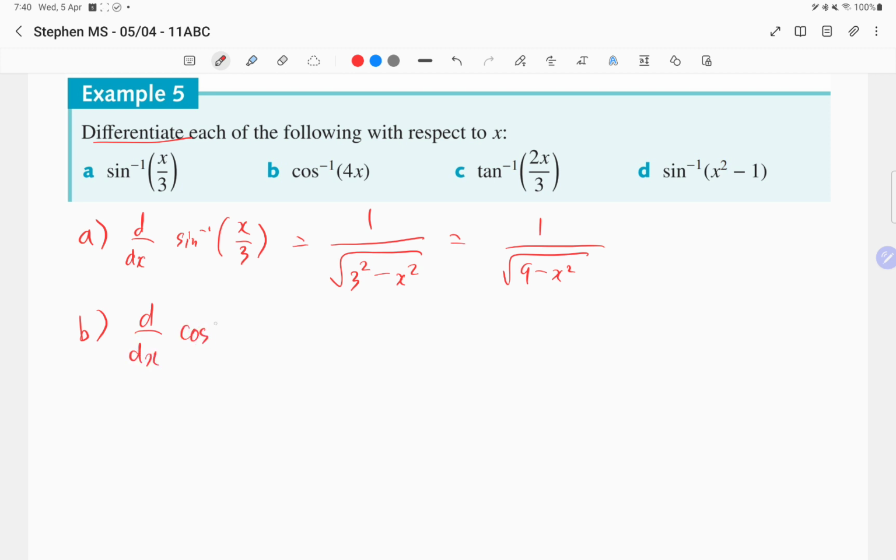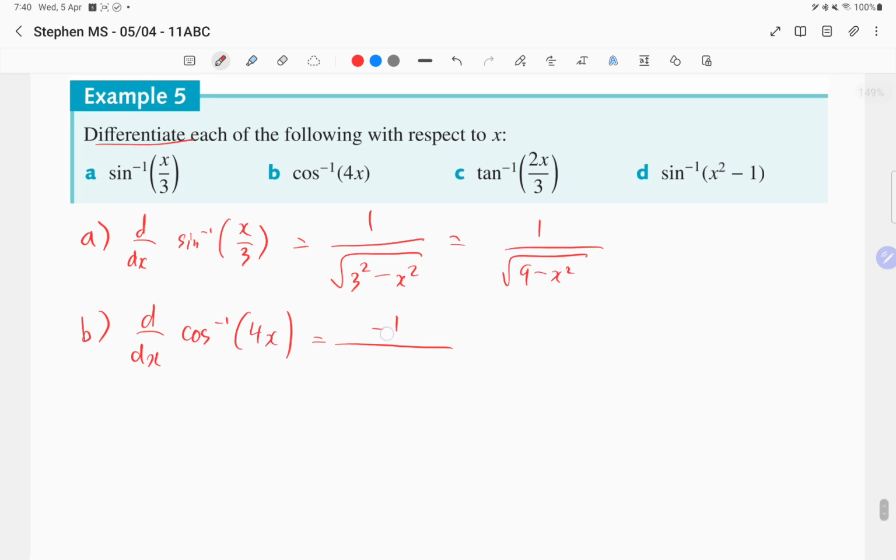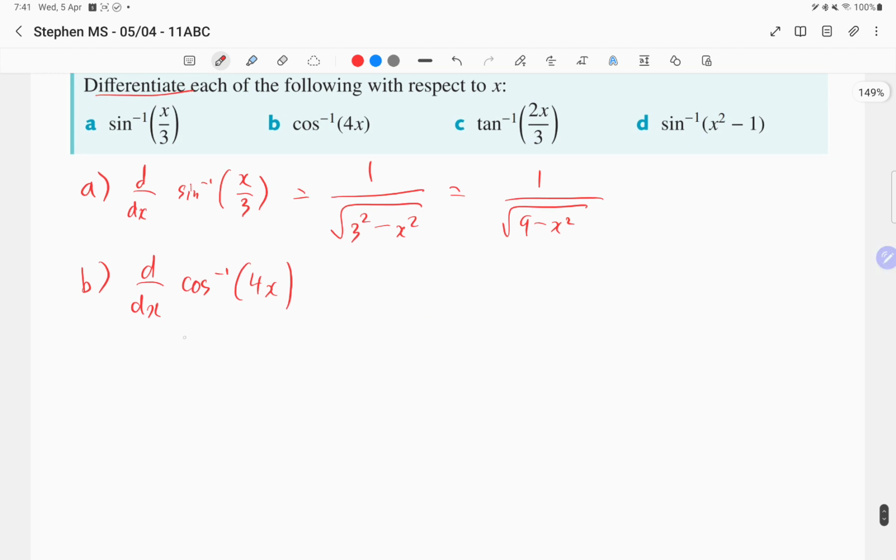Question B: differentiate inverse cos of 4x. This is equal to negative 1 over the square root of 1 minus x squared. Yeah, but again, this is not just x. This is a function of x.